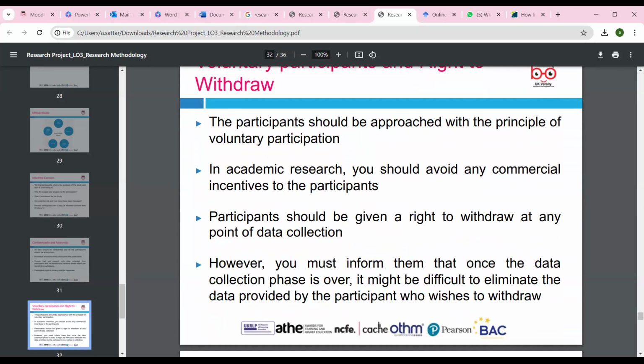However, you must inform them that once the data collection phase is over, it might be difficult to eliminate the data provided by a participant who wishes to withdraw. That is crucial to meet our ethical and moral responsibility.